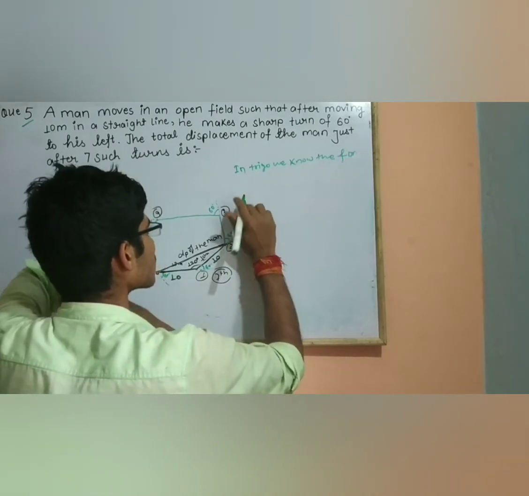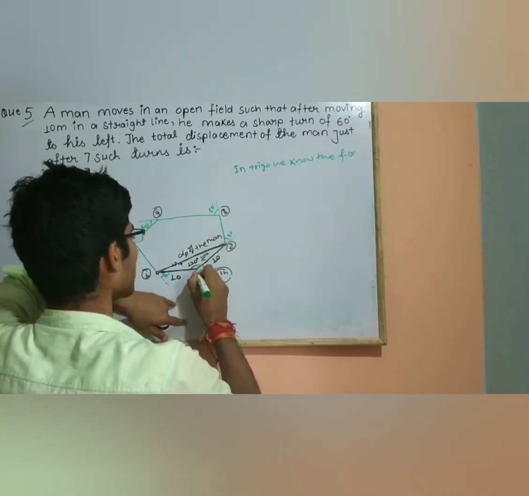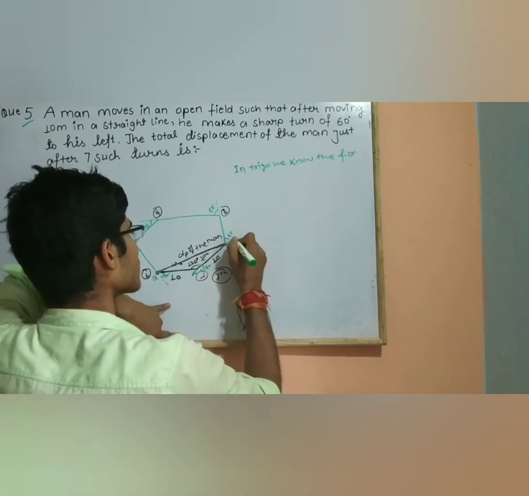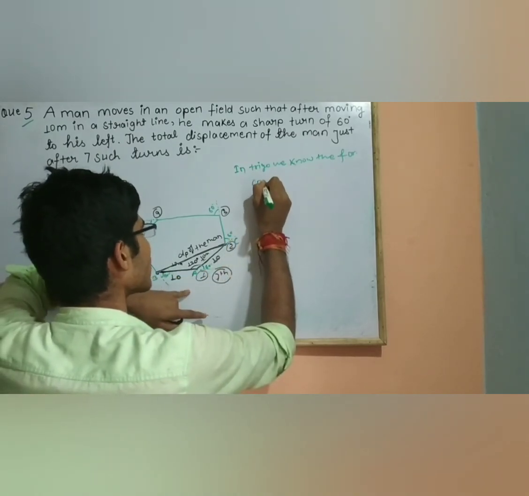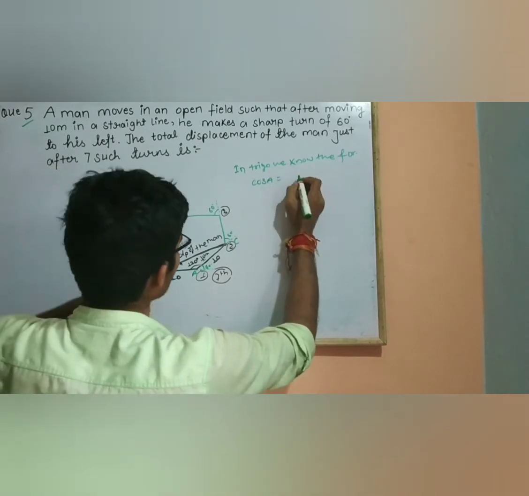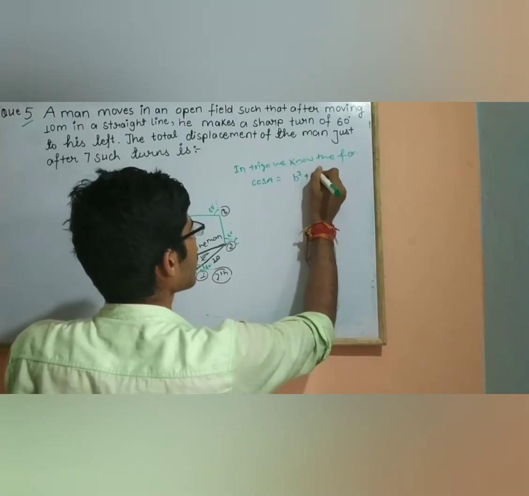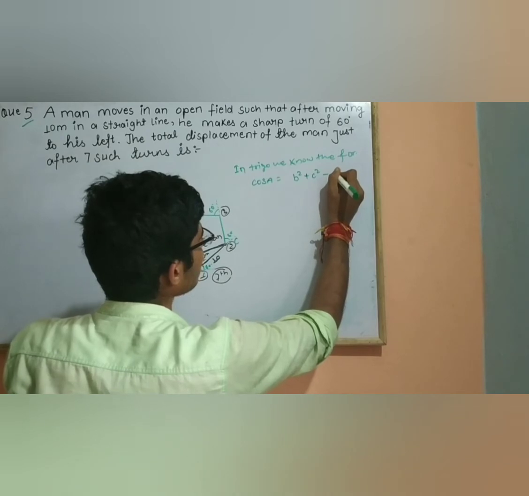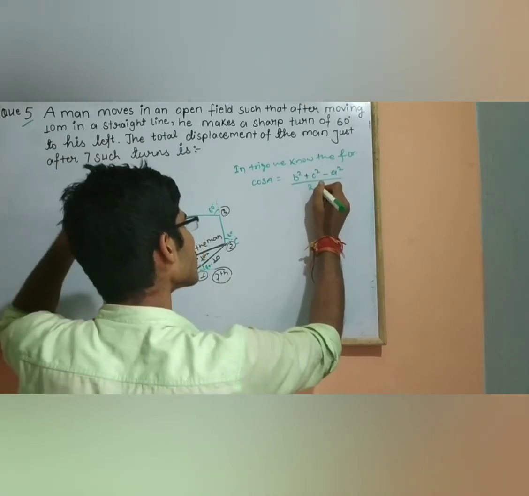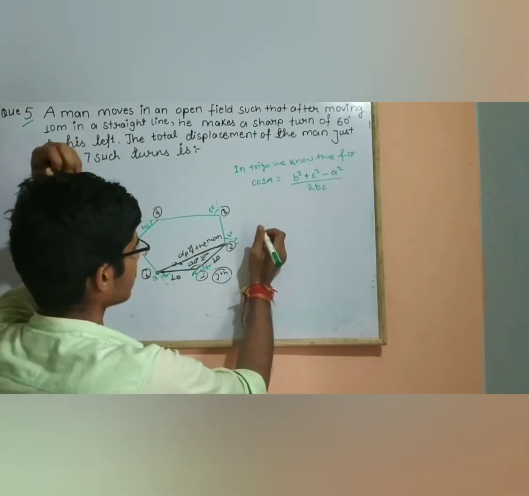If we represent this triangle by A, B and C, then we know that cos A equals B square plus C square minus A square upon 2BC.